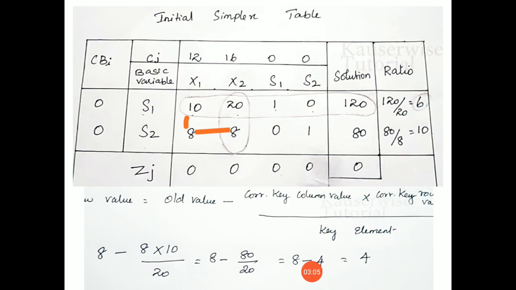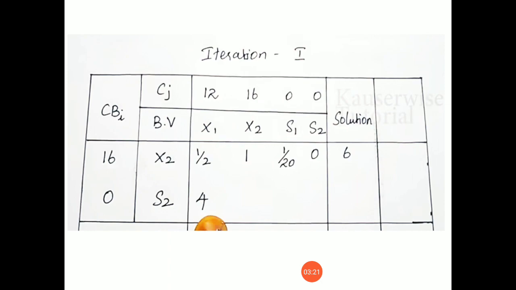Here the key element, as I have already discussed, is 20. So the solution is 8 minus 8 into 10 divided by 20, and it is obtained as 4. So in the iteration 1 table, I will write 4 in the S2 row, below this x1 variable.